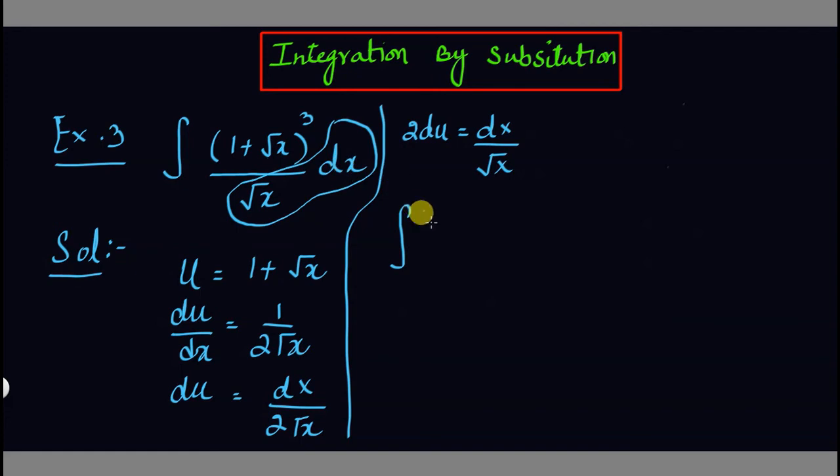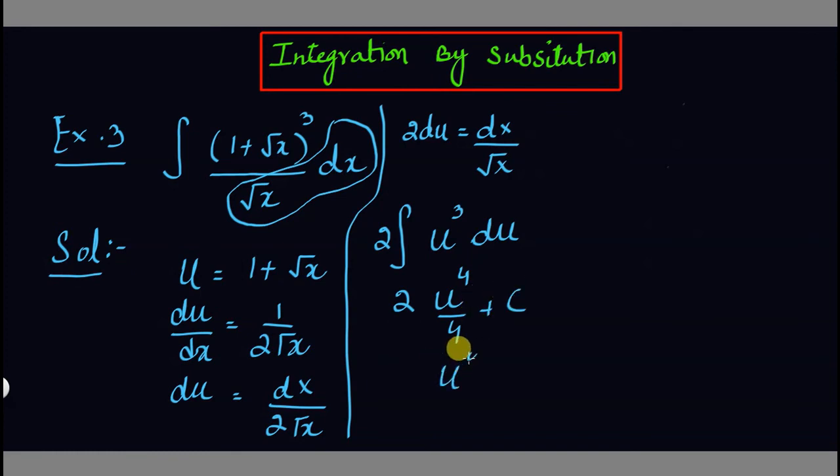So 1 plus square root of x will be substituted as u raised to the power 3, and dx over square root of x is equal to 2 du. So 2 will be out of the integral and you can get just du. Now it is very simple to integrate this function: u to the 4 by 4 plus c.